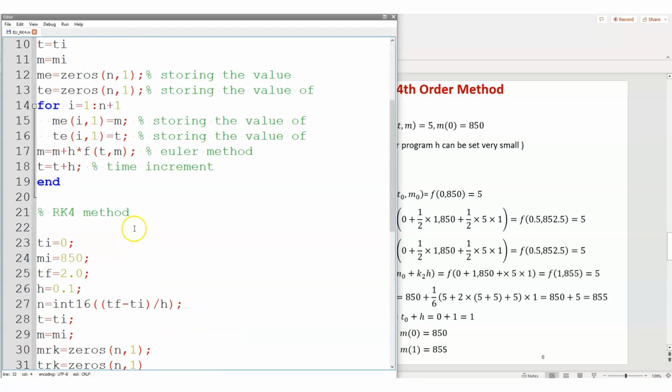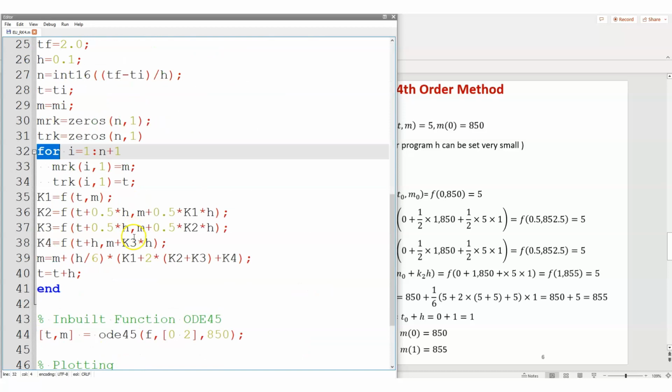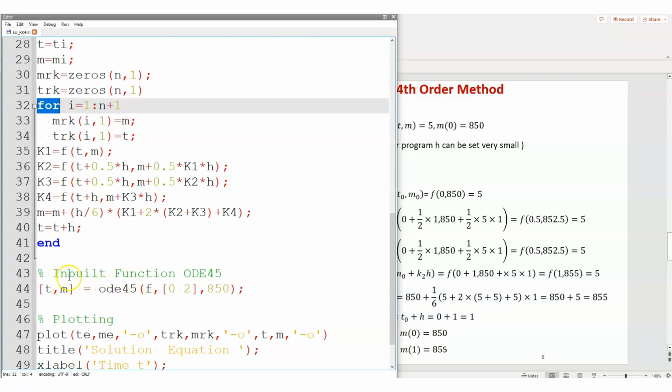And the inbuilt function we also do. The function is already written here, and then we can call the inbuilt function, which means we use ODE45. So t and m, that is after iteration what the t and m will be, is equal to ODE45. Then we are calling the function, and here 0 to 2 is the time span. In that span MATLAB will calculate the value of m, and this is the initial condition, right?